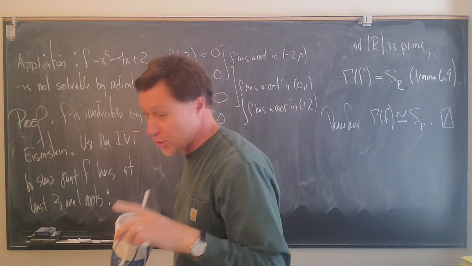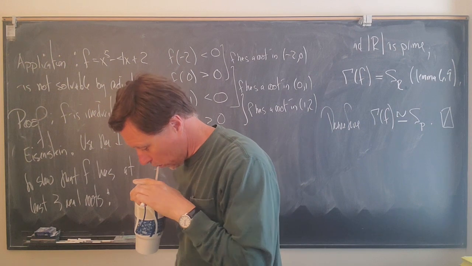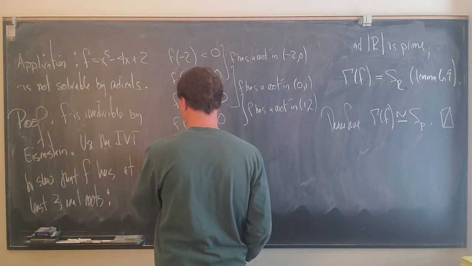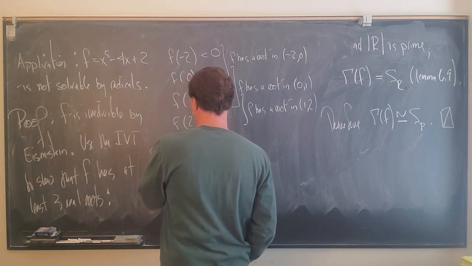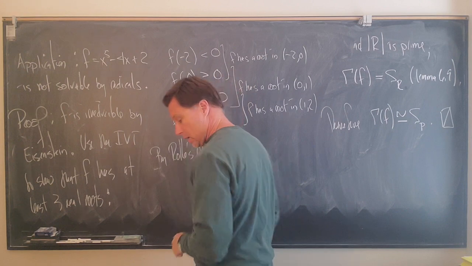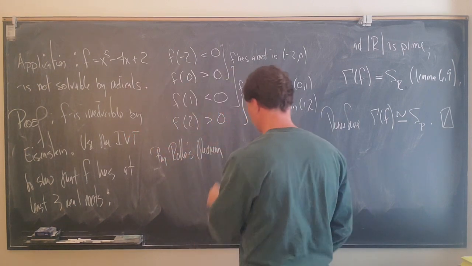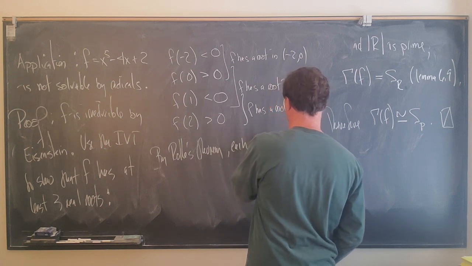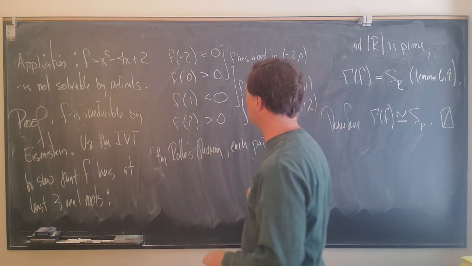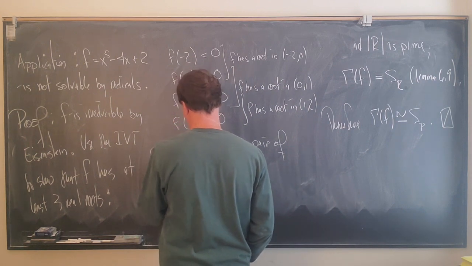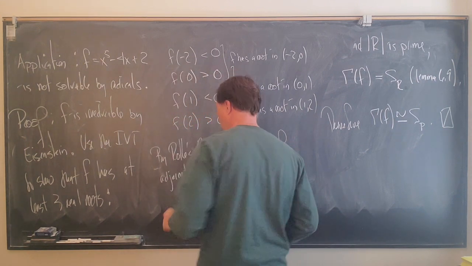So we know that there's at least 3 real roots. Now, I want to show that it actually has exactly 3 real roots. So now, by Rolle's theorem, each pair of adjacent roots, well, what does that tell us?